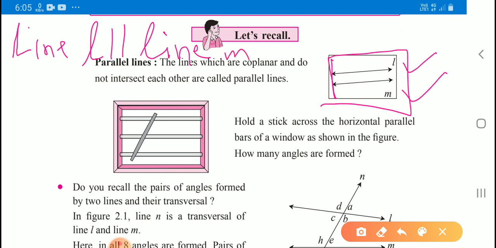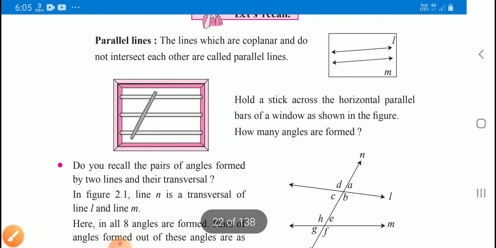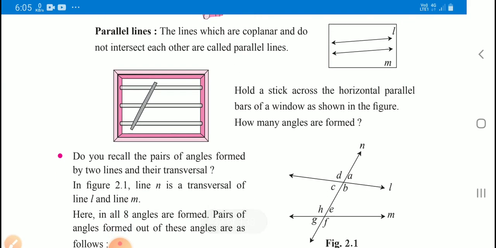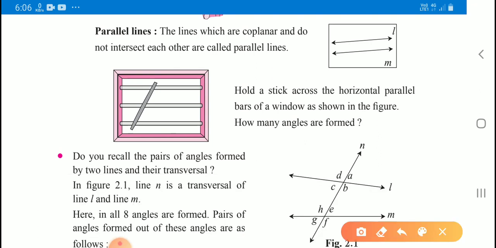Okay. Now, they given here that hold a stick across the horizontal parallel bars of a window as shown in the figure. How many angles are formed? Suppose in this figure I will show you here how many angles will you get.